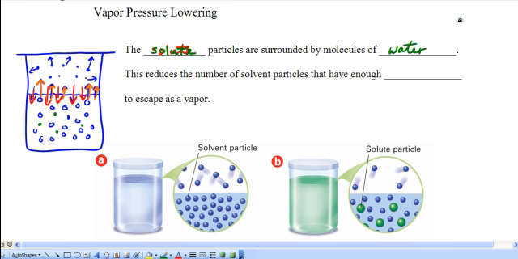In this case, this is the solvent that we're using, the water. But it's going to be surrounded by water molecules, or let's just call it solvent molecules, because it doesn't have to be water, whatever you're dissolving the solute in.